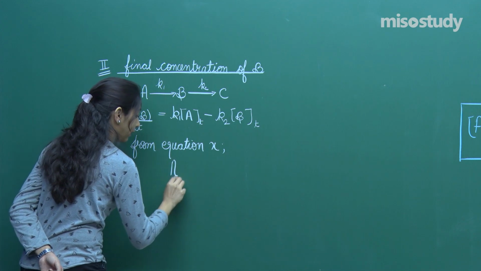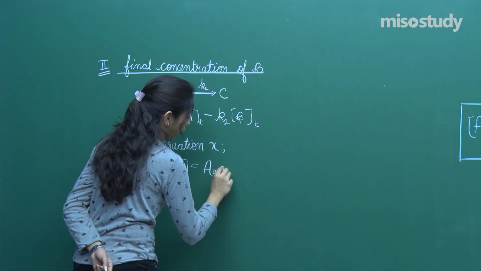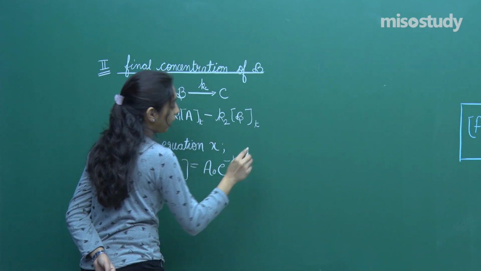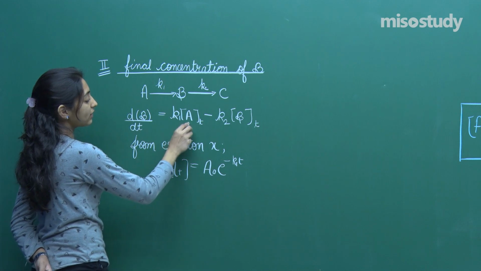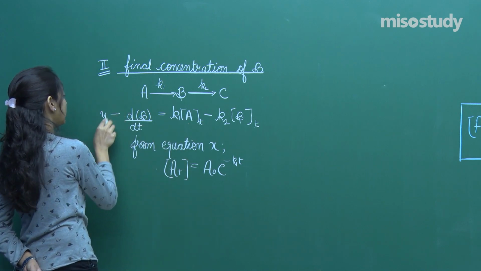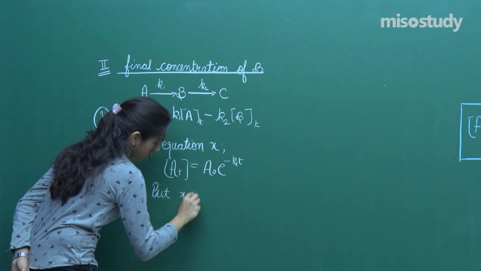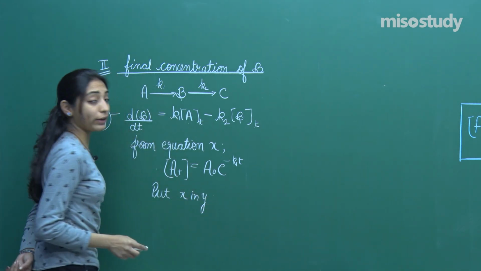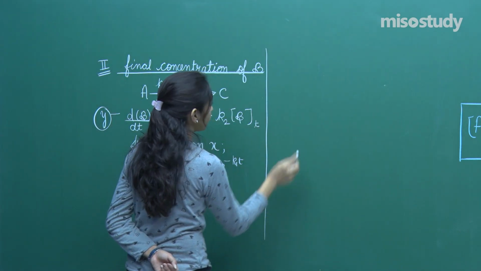Now see, from equation number x, you can say concentration of A at any time t is equal to A naught e raised to the power minus K1 times t. Okay. So now substitute this A t in equation number y. So put x in y. When you put x in y, what should be the final term that you should be getting?